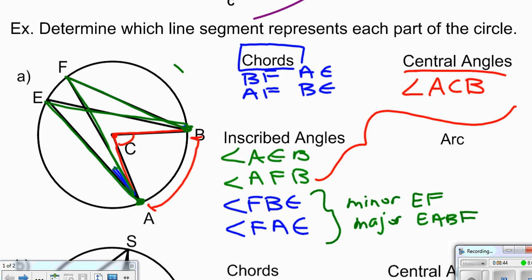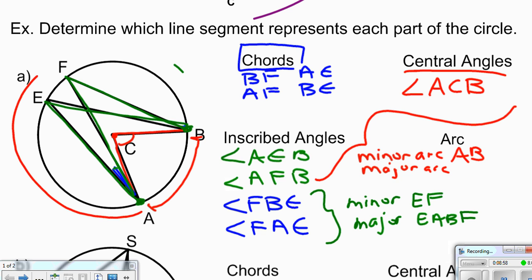So these ones. And then the major arc is the large one going the other direction. And so I want you to think of the arc like the arc is talking about the pizza crust. Okay, and so from A to B you get a smaller pizza crust, so it is the minor arc, and AEFB is more pizza crust, so it's the major arc.